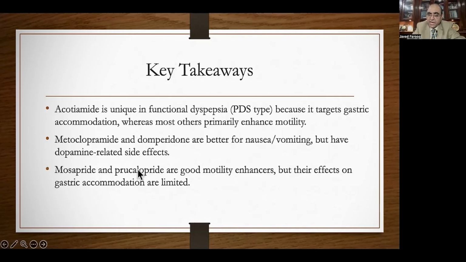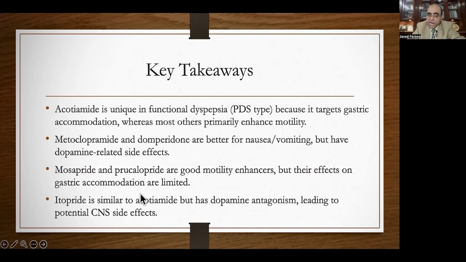Similarly, mosapride and prucalopride are good motility enhancers, but their effects on gastric accommodation are limited. And Itopride is similar to Acotiamide, but has dopamine antagonism, leading to potential CNS side effects.